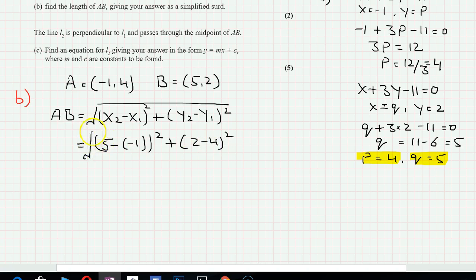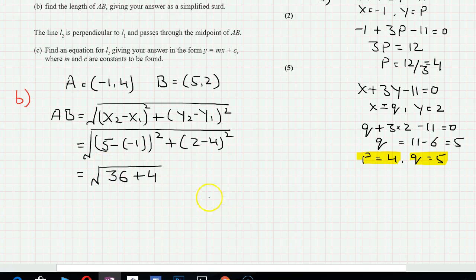And this whole thing has the square root. So that is 5 minus minus 1; the square is outside, not on the minus 1 alone. So 5 plus 1 is 6, and 6 squared is 36, plus 2 minus 4 is minus 2, and minus 2 squared is 4.